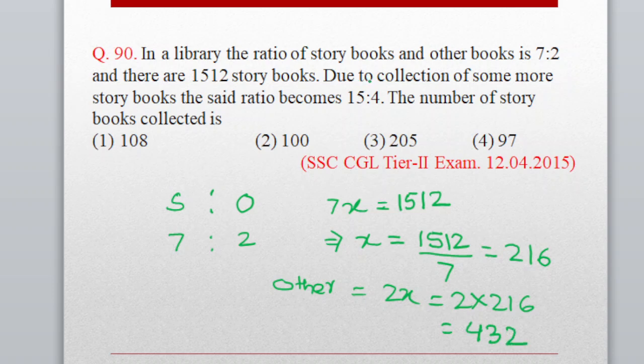Now it is given that due to collection of some more storybooks, the said ratio becomes 15:4. Listen, here we are adding only storybooks, so the other books remain the same. In the new ratio, the ratio between storybooks and other books is, sorry, 15:4.